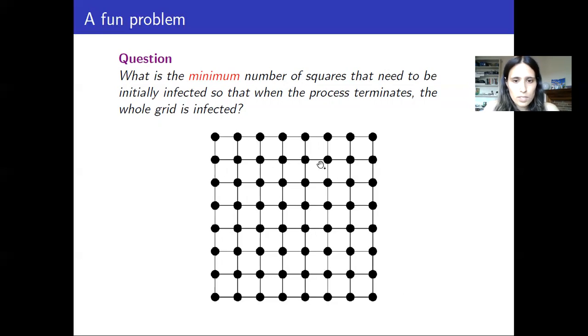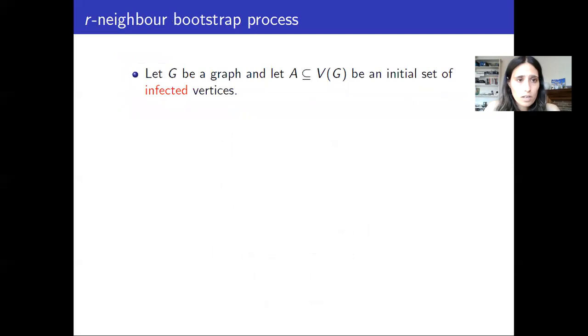We apply the rule that a vertex will become infected if it has at least 2 infected neighbors, where a neighbor in a graph is just a vertex you're joined to. And then you can ask the exact same question. So in fact, this process here on my grid graph is a particular example of a large family of processes that people study on graphs, which are called R-neighbor bootstrap processes.